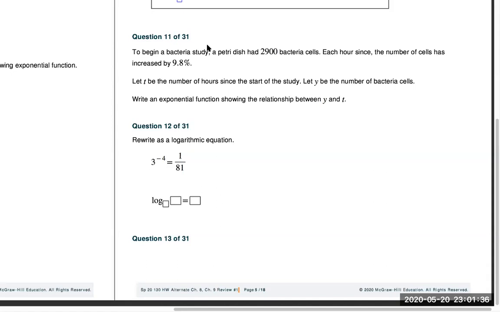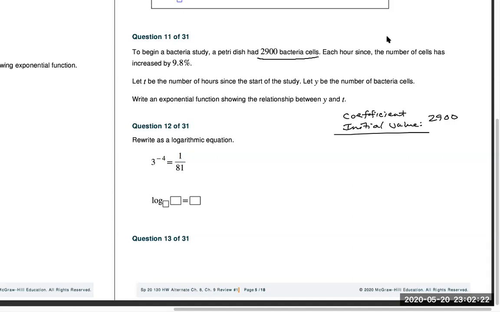So for this part, one second here. Okay. Let's color code some things. So to begin a bacteria study, we have 2,900 bacteria cells. So that means our coefficient, which is our initial value, is going to be 2,900.